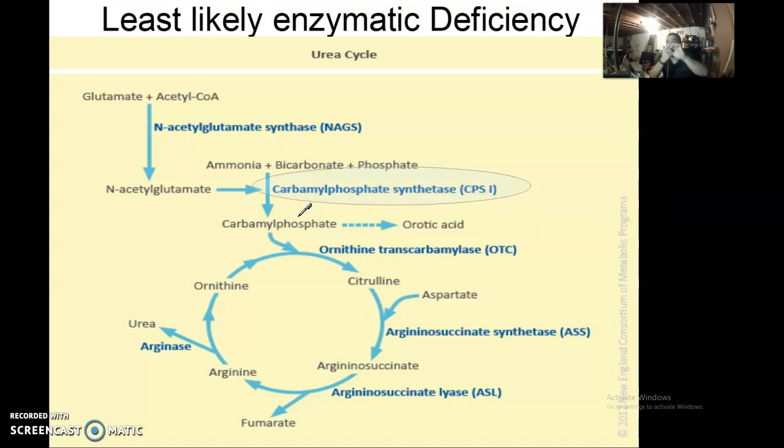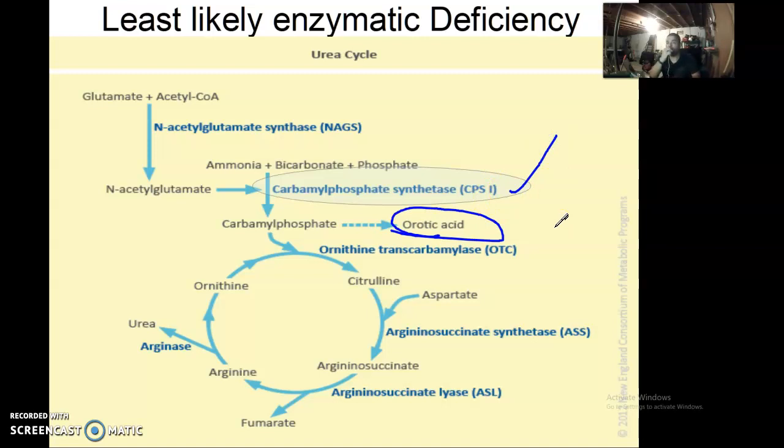So carbamyl phosphate synthetase, or CPS1, is going to be our least likely enzymatic deficiency. We can't say it's not something further up the line. Down here, we can't say that it's not something down here in there, but we can definitely say that excess uric acid is being created, so the least likely is going to be our CPS1.